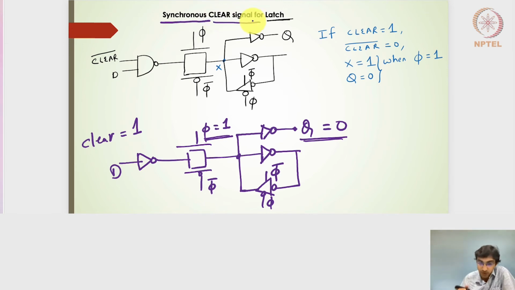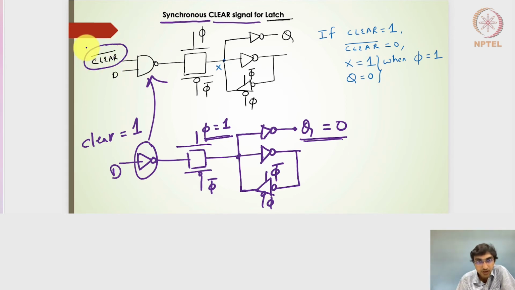One easy way to do this is to replace this inverter with a NAND gate. So a 2-input NAND gate where one input is the D input signal, and the other is the clear signal, or rather the clear bar signal. So if the clear is 1 when phi is 1, that means in the transparent mode, when the latch is operating, when the clock is at a high level, the clear bar will be 0.